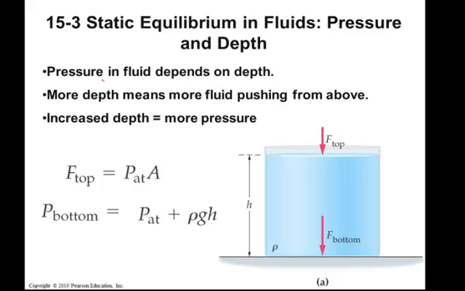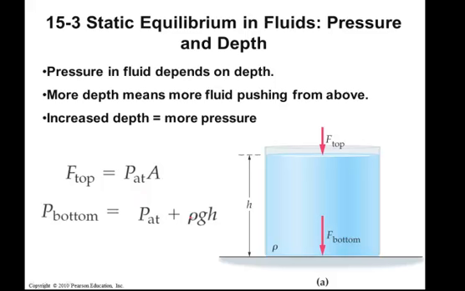Okay, pressure in fluids depends on the depth that you go. The more depth, the more fluid there is up above pushing down. So as the depth gets larger and larger, there's going to be more pressure. In this case, we have force on the top, which is going to be atmospheric pressure times the area. At the bottom, we're going to have that atmospheric pressure plus the pressure from the fluid up above it.